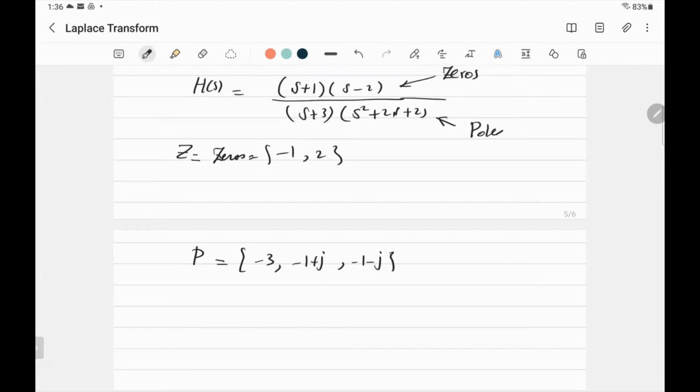If they are negative, it will be stable. If all of them are negative and one is positive, the real part is positive, it's not stable. So this system, I would say yes, it's stable. Why? Because we have -3, and -1 plus j, I am concerned only about the real part. So that will be stable.